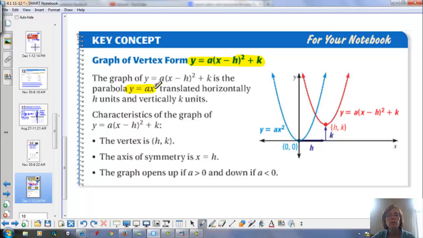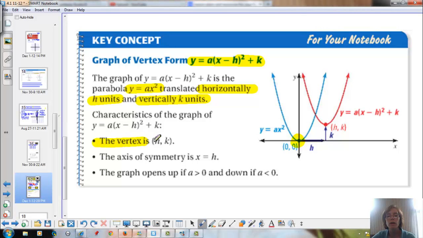And it's going to be of this same family, ax squared, but it's going to be translated horizontally h units and vertically k units. So what are some of the characteristics of our graph? Well, the vertex is no longer going to be at 0, 0. The vertex has been shifted h units to the right and k units up. So the vertex is going to be here at h, k.